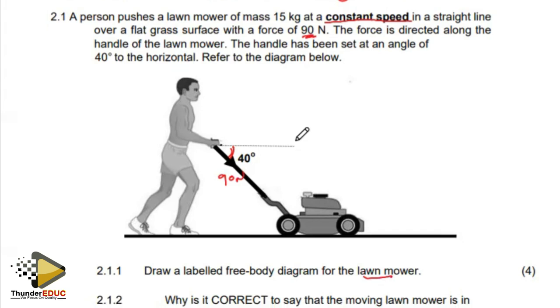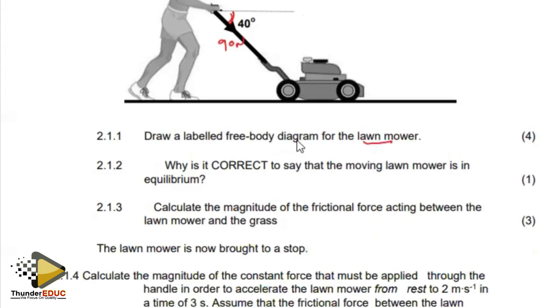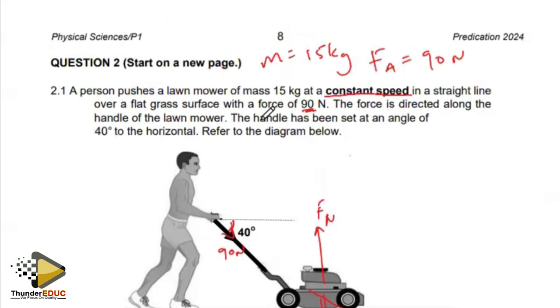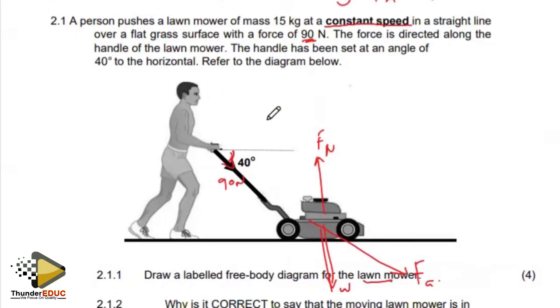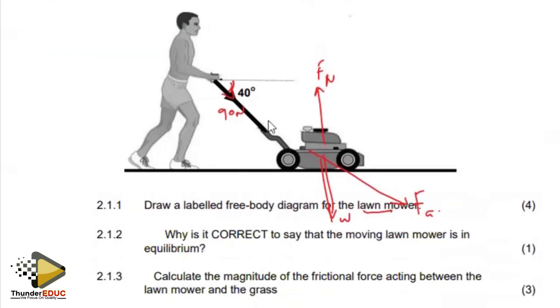So when I look at the lawnmower, I can see that this applied force is in that direction. Then we have the weight, the normal force, and then is there friction? Definitely there has to be friction, because it's grass.